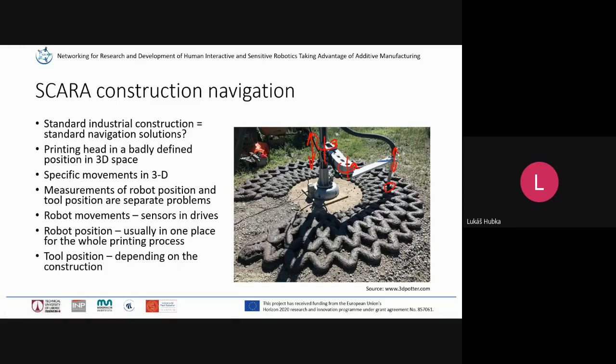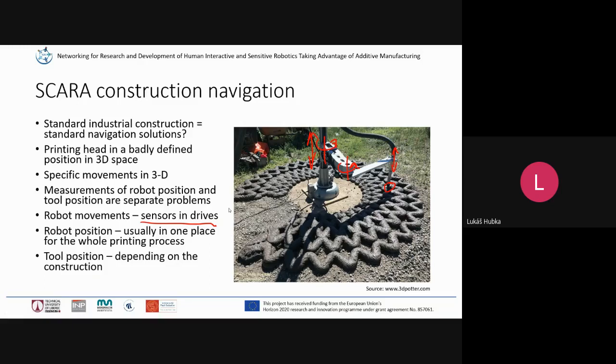So once more, you can use some sensors in the drives. If you have a construction with the right quality, it's not a problem to use such information from the drives.